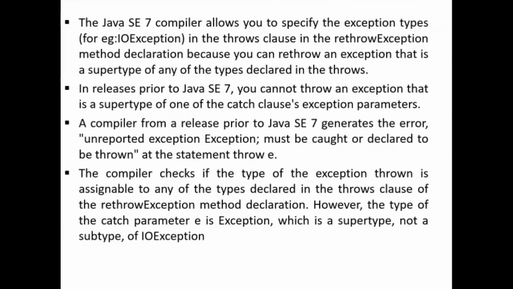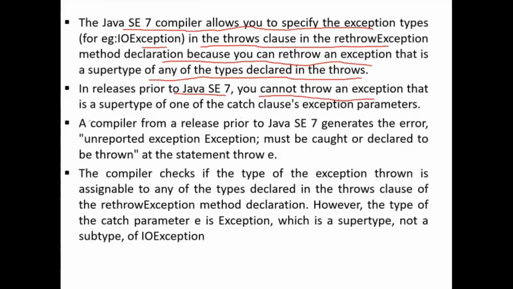The Java SE 7 compiler allows you to specify the exception type, for example IOException, in the throws clause of the rethrow exception method declaration, because you can rethrow an exception that is a supertype of any of the types declared in the throws clause. In releases prior to Java SE 7, you cannot throw an exception that is the supertype of one of the catch clause exception parameters.